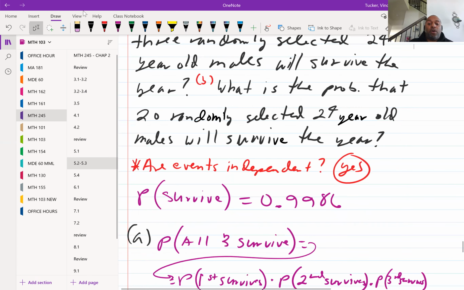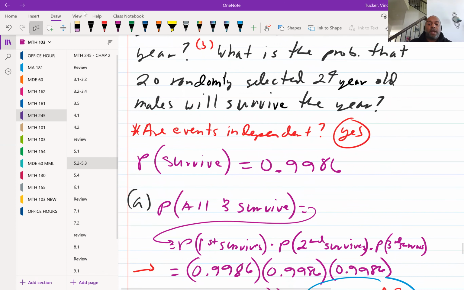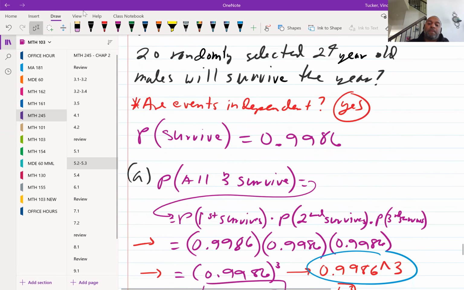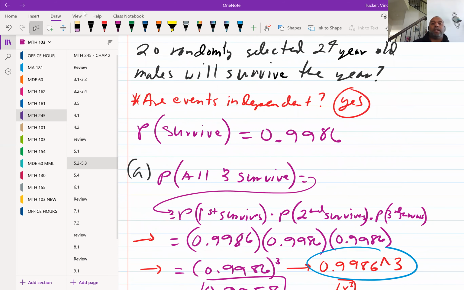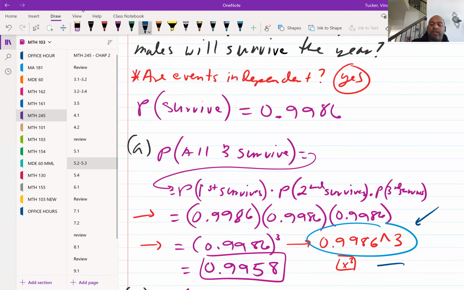So the probability that all three will survive, since they're independent, we just take that probability and multiply it by itself 3 times. And right here in the blue circle, I was showing how you could put it in your calculator. Some people have the cubic button or the cube button.